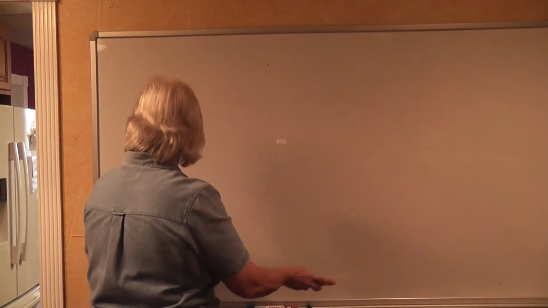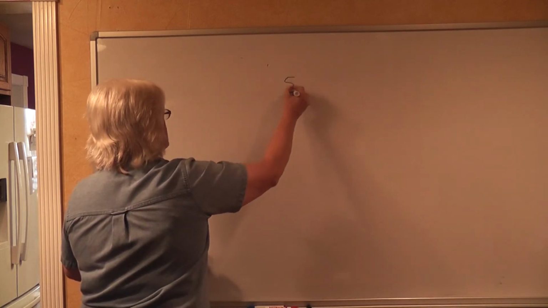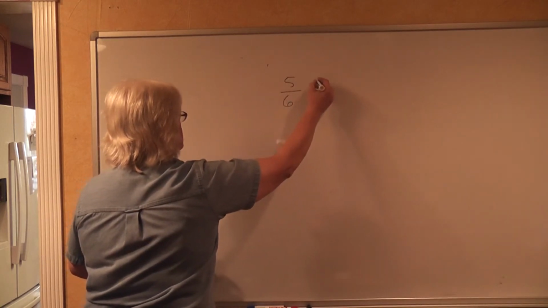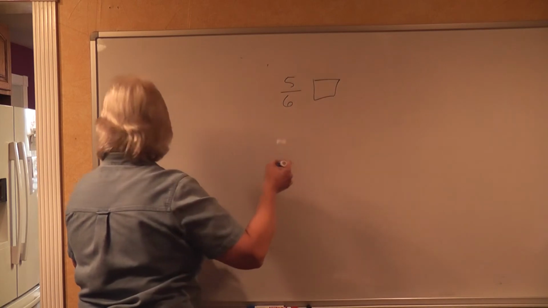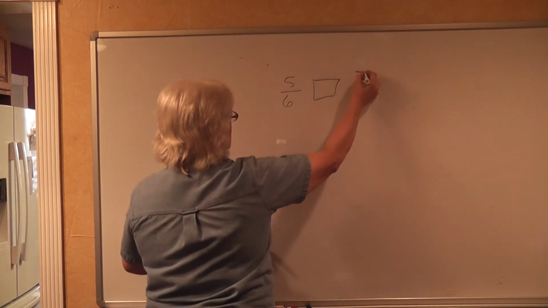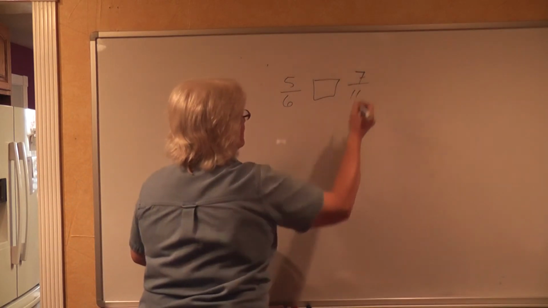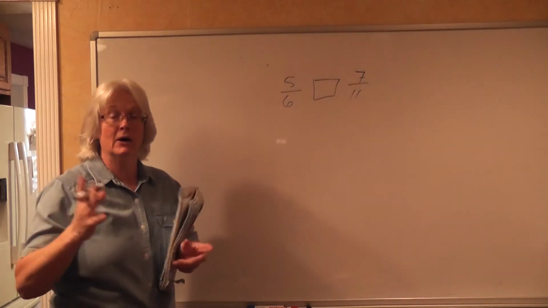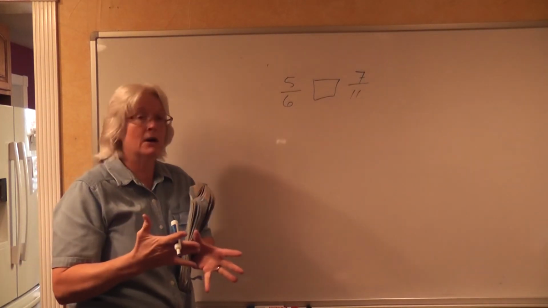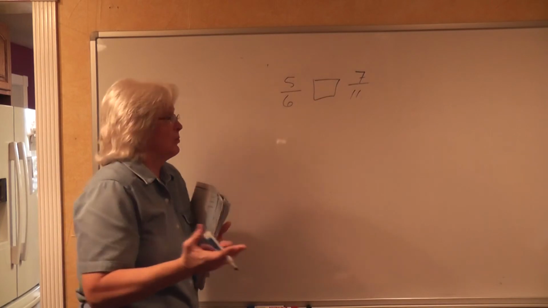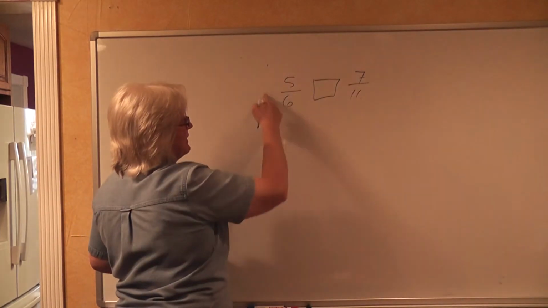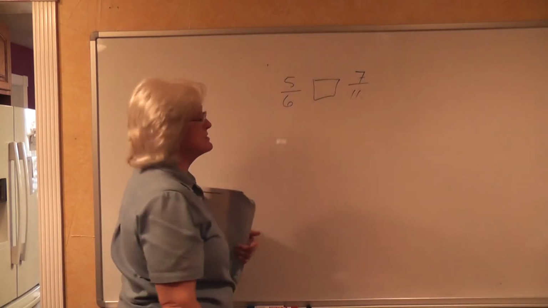We have 5/6, and we want to compare that with 7/11. And you can already tell, if you have an idea of the relative size of a pie or a piece of cake, that 5/6 is going to be much larger than 7/11.